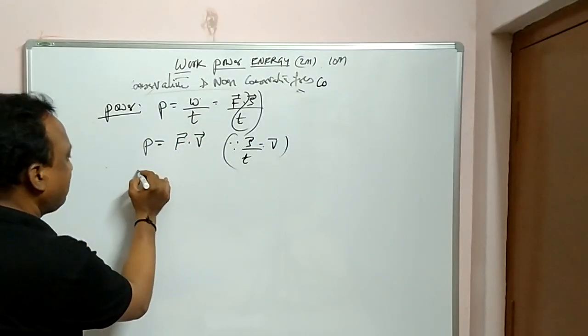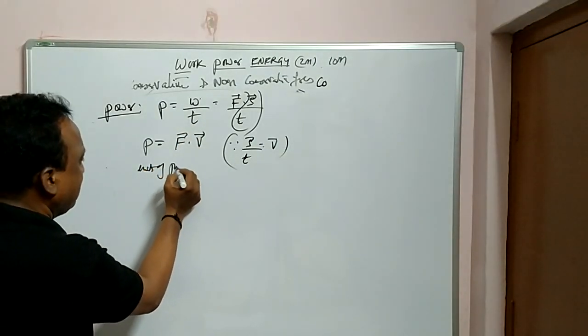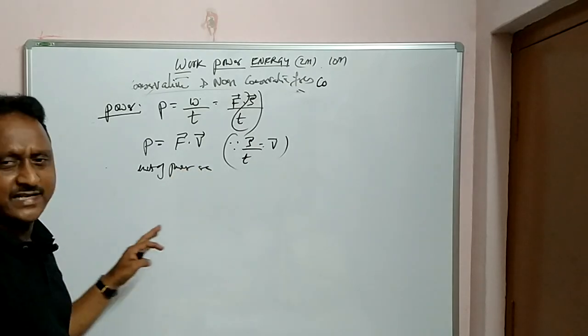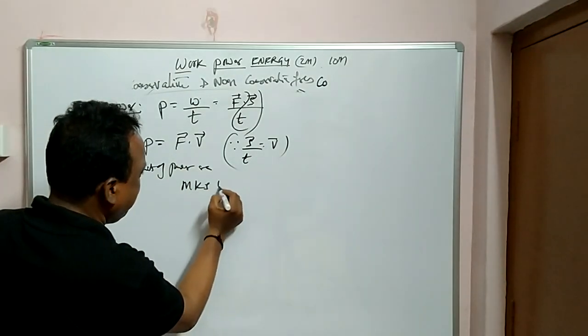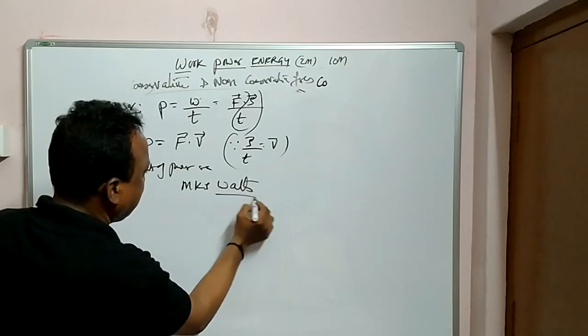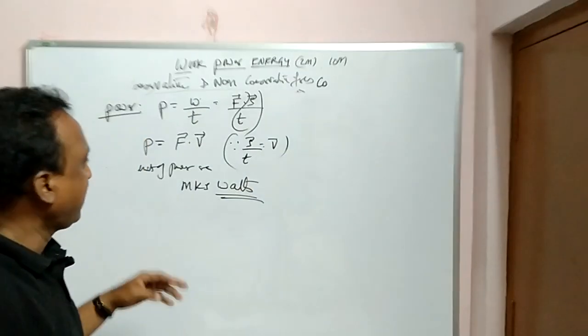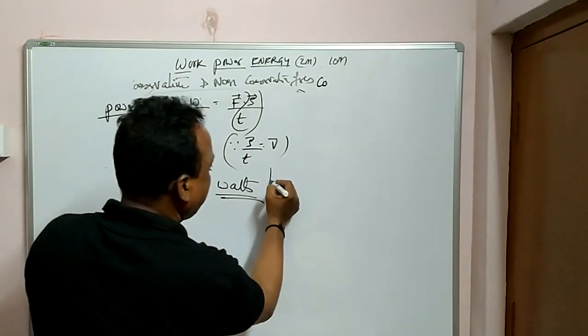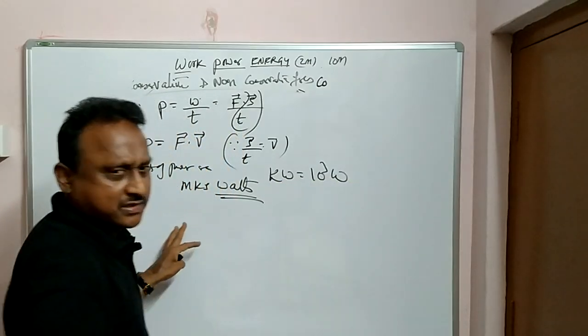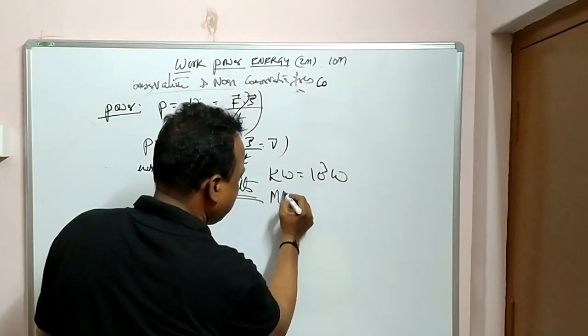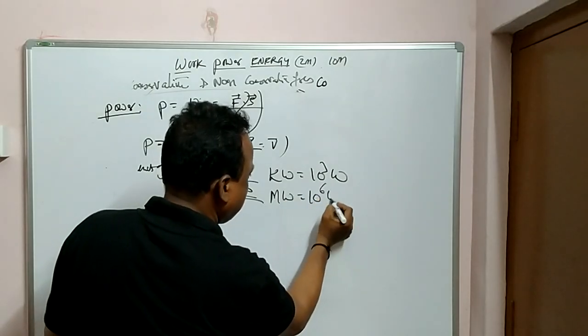And units, what are units of power? Units of power are, after the scientist James Watt, so the MKS unit is simply watts. It is named after scientist James Watt. Okay na? Sometimes it will be given kilowatt. 1 kilowatt means 10 cube watts. Megawatts, 10 power 6 watts.